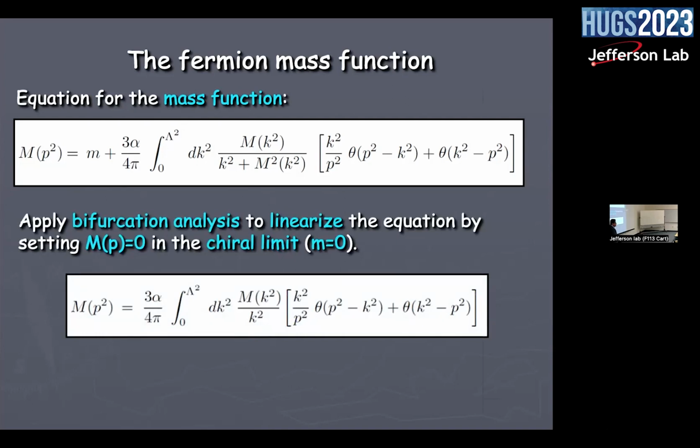What we want to try to see is what happens if I put m equal to 0, can I still get a non-trivial solution for this mass function? One of the ways to see it different from perturbation theory is something called bifurcation analysis. This is formally correct in mathematics, in which you have a function with this form. You take a functional derivative of the equation with respect to this m function and evaluate it for m equal to 0, and that will tell if it bifurcates from a trivial solution or not.